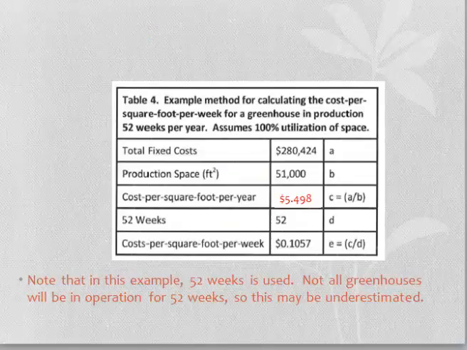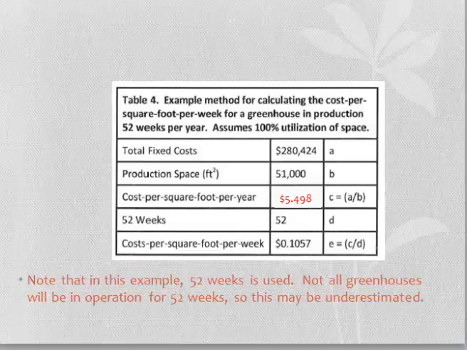Table 4 from page 4 in your book so that we can look at this a little closer. When people calculate fixed cost, since it's not directly associated with each plant, it's kind of difficult to know how you should add the fixed cost in to, say, an 8-inch poinsettia. Because how do you know how much of that $14,000 for advertising belongs to the poinsettia in an 8-inch pot?